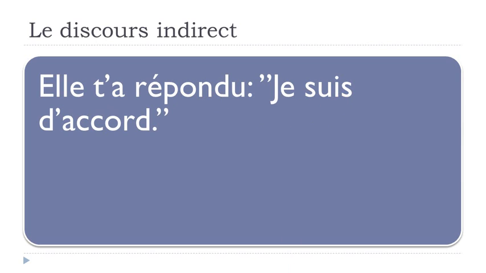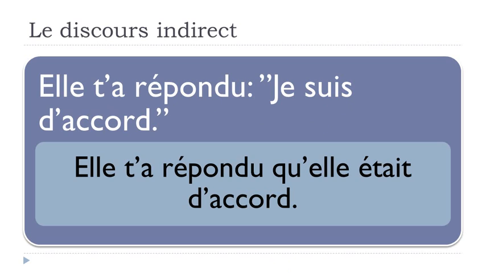And if you remember what I just told you previously, then the rule goes like that. This first part doesn't change. It is still at the passé composé form. But the second part, your present form, will be changed, and you will have to put the verb, the verb to be, être, at the imparfait form.